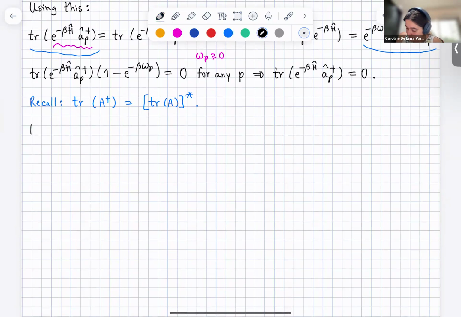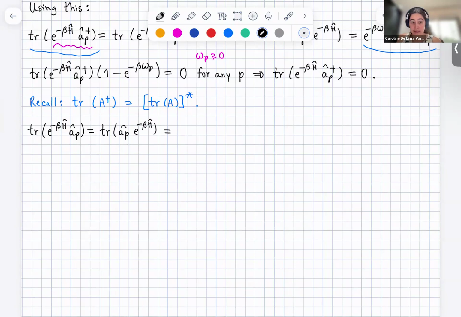So now if I want to compute the trace of e to the minus beta h times the annihilation operator this time, I can rewrite this using cyclicity first as a_p e to the minus beta h.